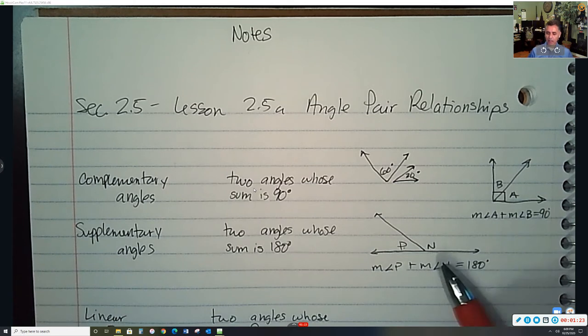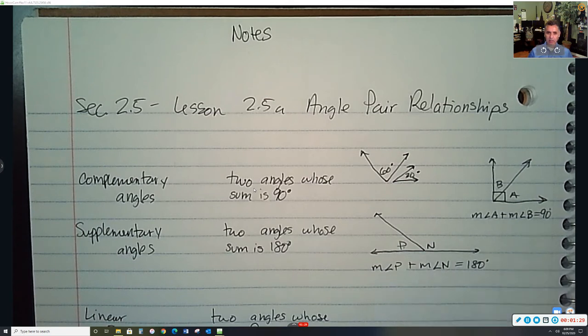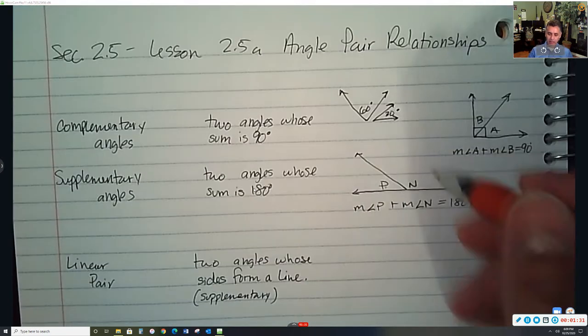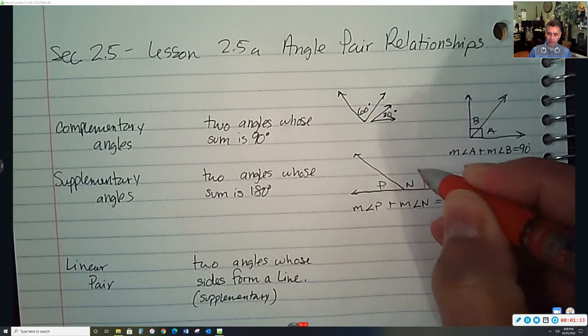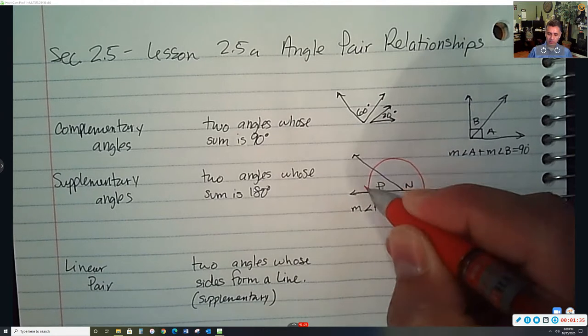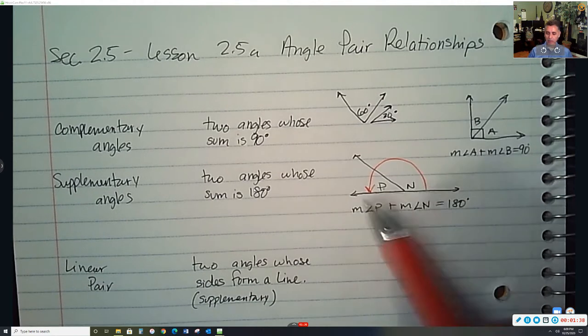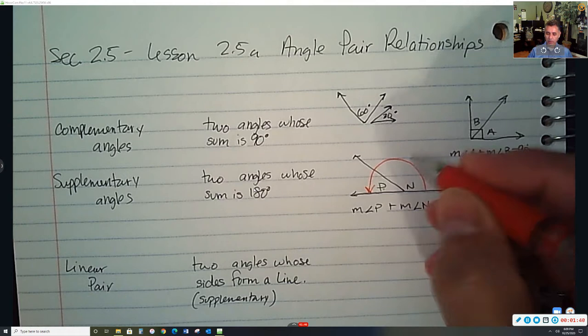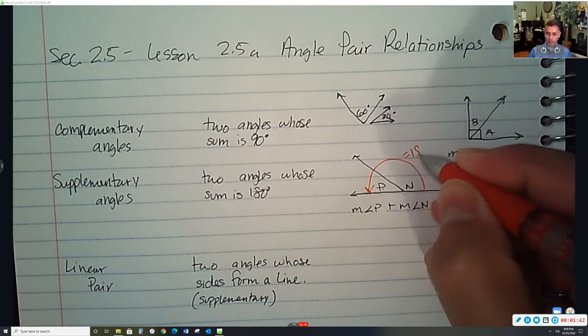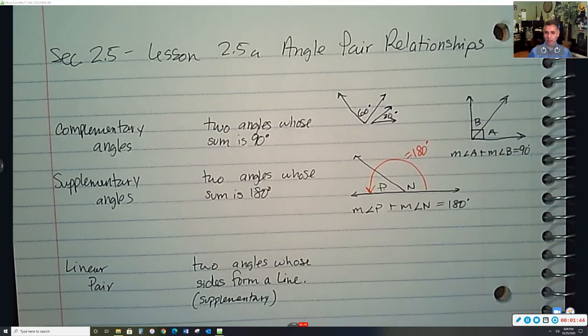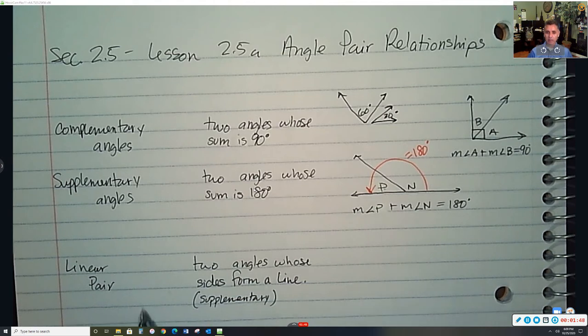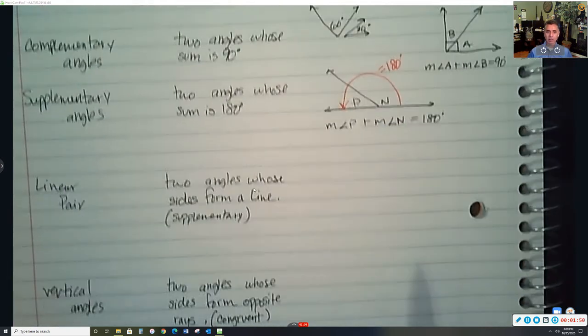And again, on here, I didn't put what angle measure P and N are, but because it's a linear pair, and that's something else we're going to revisit today, I know those two together equal 180 degrees. Okay, so that's supplementary. And that's also the next thing we're going to talk about, linear pairs.